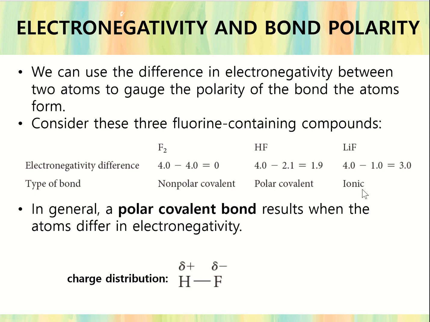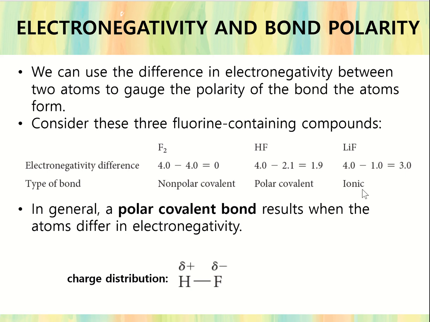Essentially we can't really give you a strict scale to say that if you get 1.0 to 2 it's this, because there are other factors at play in determining the type of bond. But what I want you to get from this slide is how we know that a bond is either nonpolar covalent, polar covalent, or ionic. In the case of polar covalent or ionic, there must be a difference in electronegativity.